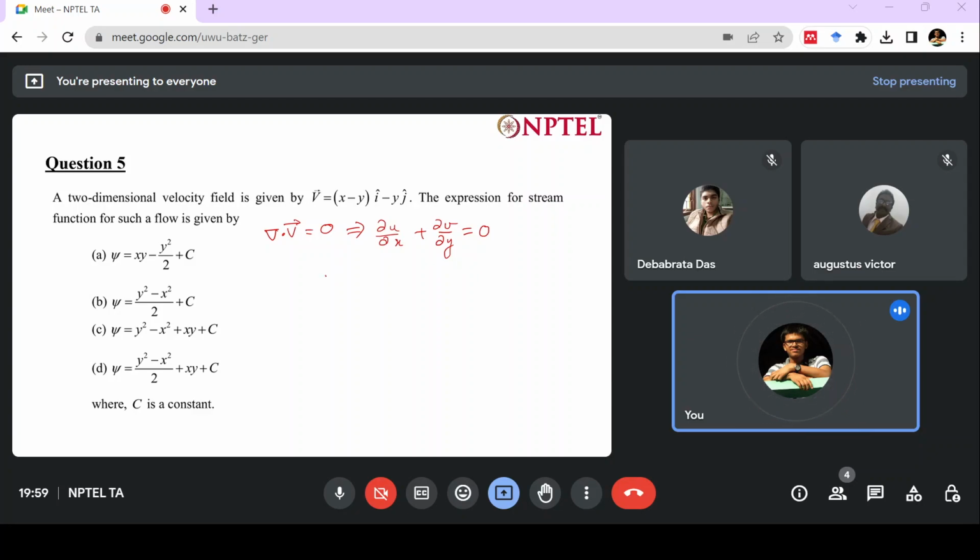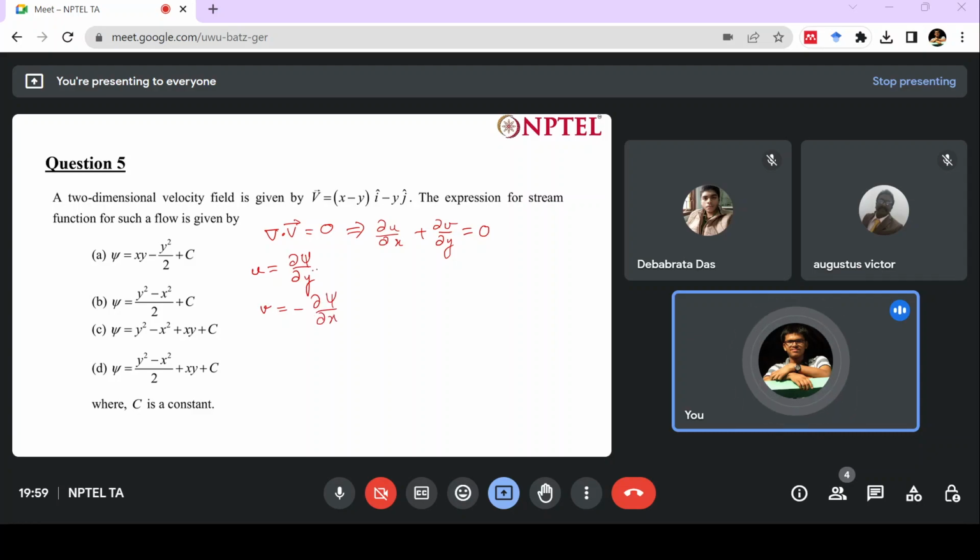So how is this done? We define a function psi such that u is del psi del y, and v is minus del psi del x.